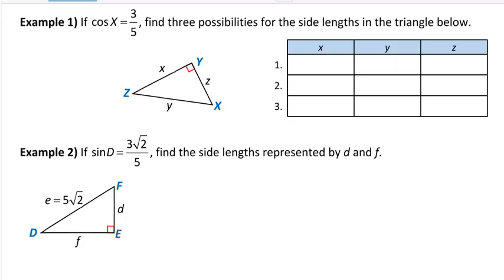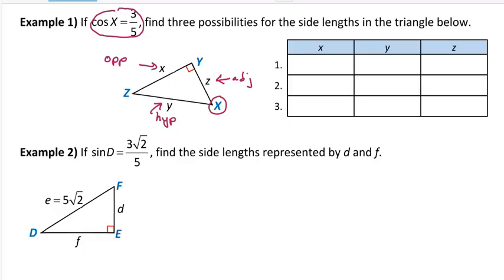In example 1, we're given that cosine of angle x is 3/5. Let's locate angle x, and let's notice that z will be our adjacent side, or adjacent leg, to angle x, and side x is the side opposite angle x, and y, since it's opposite the right angle in the triangle, will be our hypotenuse.